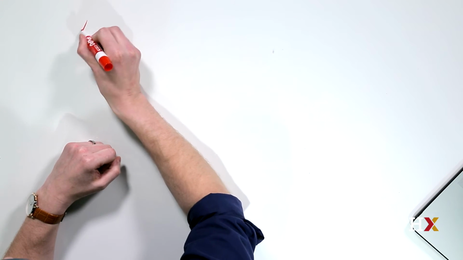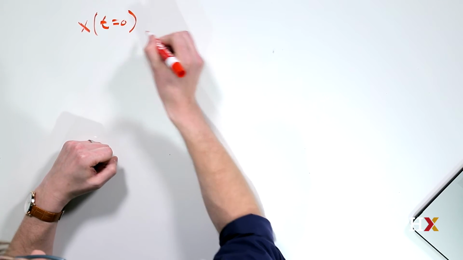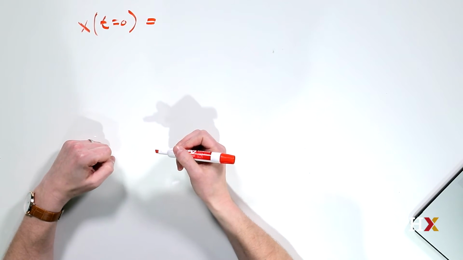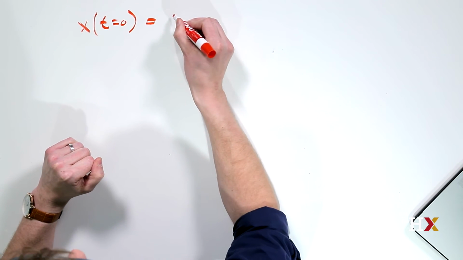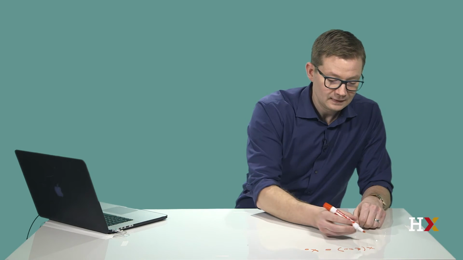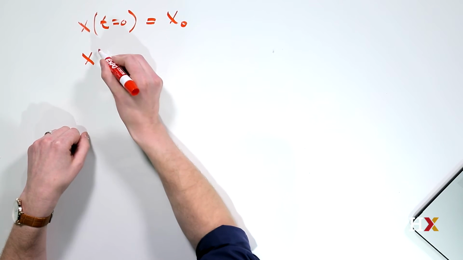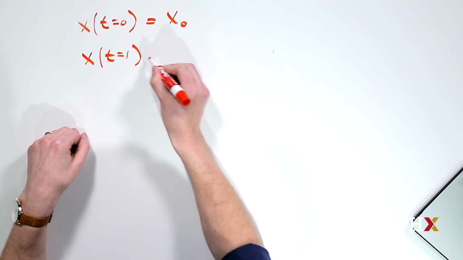Let's look at this a little bit more mathematically. First, we're going to start with the location of the random walk at time t equal to 0. So position x at time t equal to 0 is whatever the location of the random walker is at the beginning of the random walk. We're going to call that x naught. This is our step 0. The next step is going to be the location of the random walker at time t equal to 1.